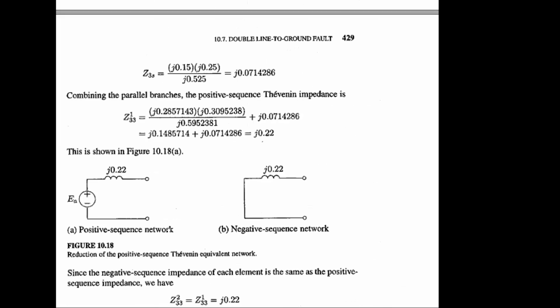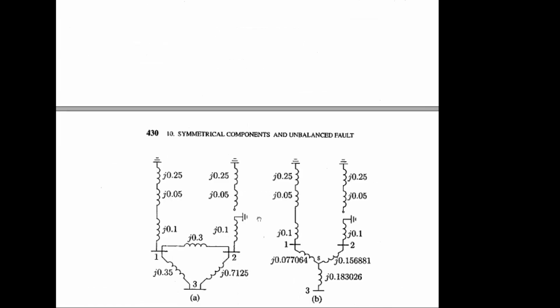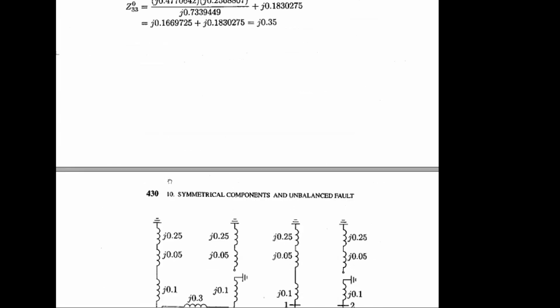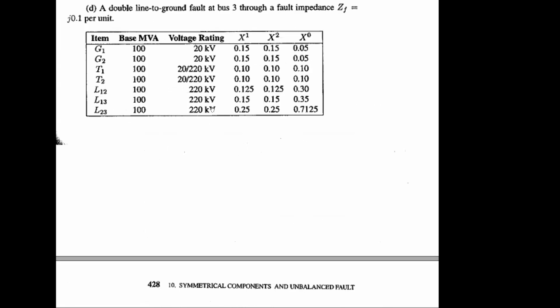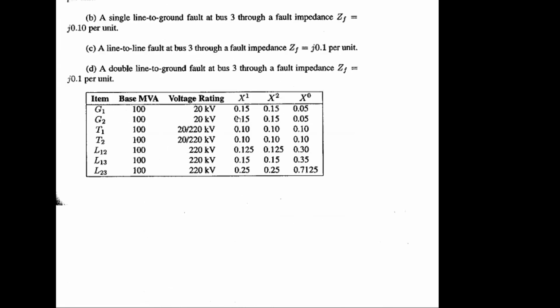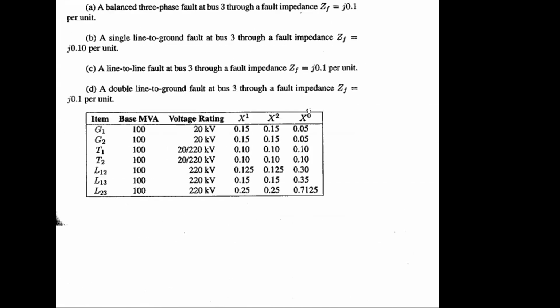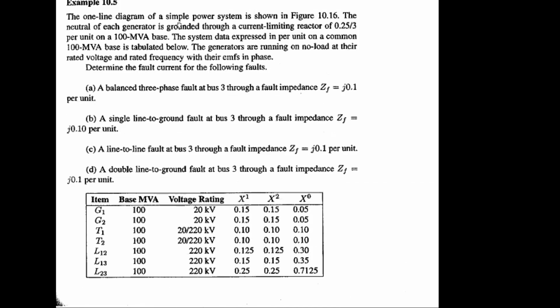So positive sequence and zero sequence impedance will differ in terms of the transformer connection diagram, and the values will be different for both cases because the tabular information is different. For positive it is 0.15, right? And here it is 0.05.